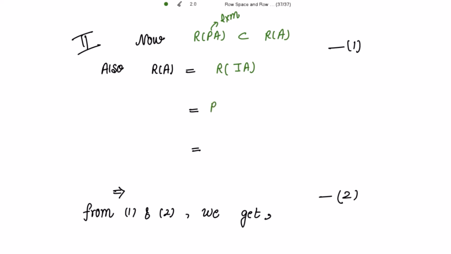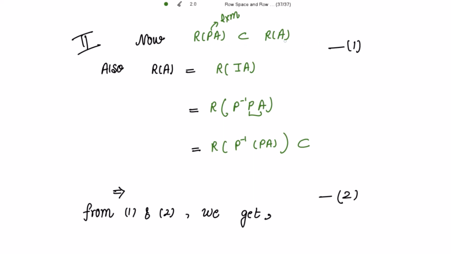So I can write this further, yes, instead of I, can I write P inverse P? Is it fine? Yes. So further this is equal to, let me take this PA together. So this is the row space of P inverse PA, right? Which is further a subset of, yes, just use the first result.